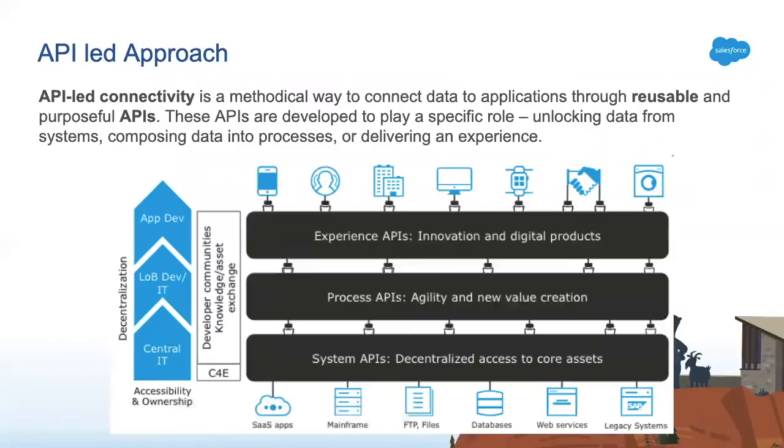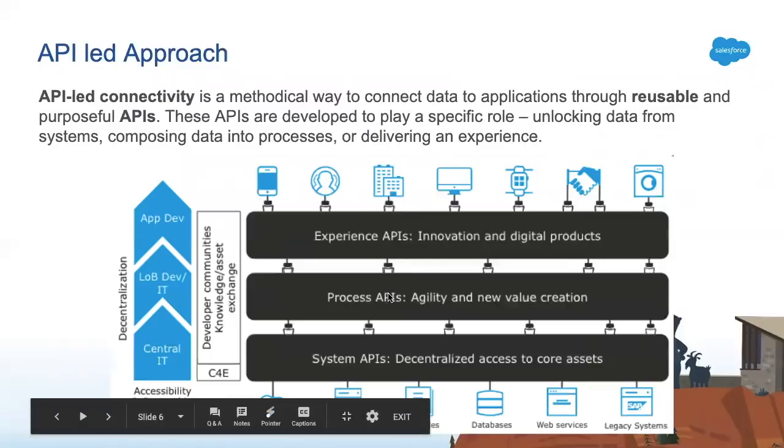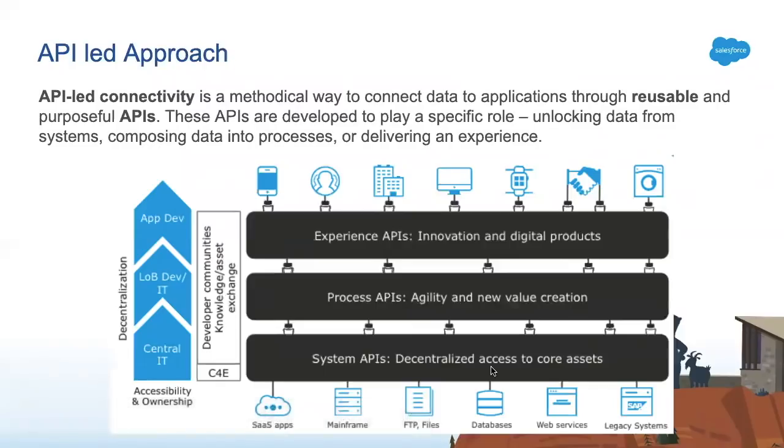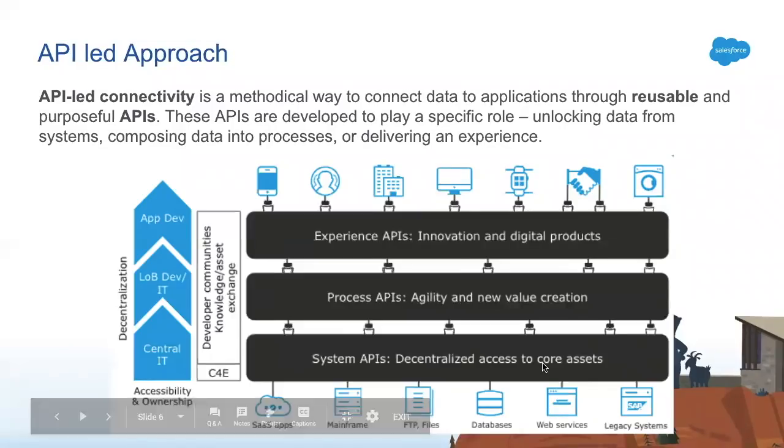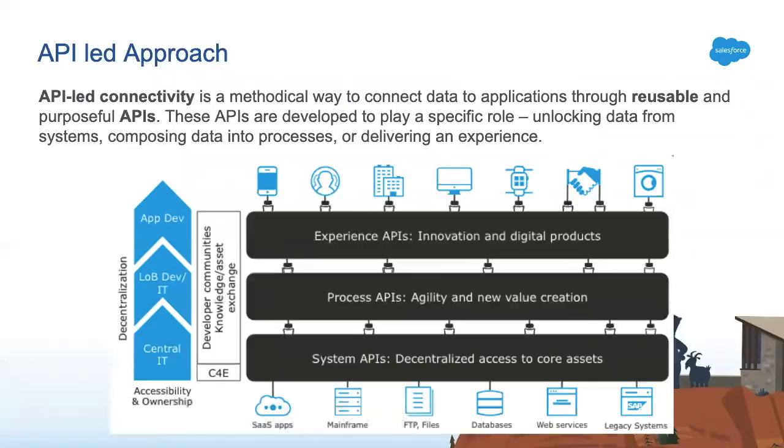If you want to combine the data from two SAP in one process layer, that is the right place to do it. Like I said, the system API is the most secure. Think about the system API. If someone can get hold of your legacy data, gone. That's the security. Second, if there's a denial of service attack or some kind of attack, people are trying to get your server down.